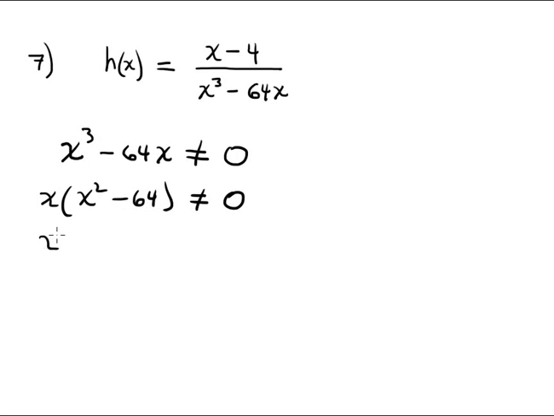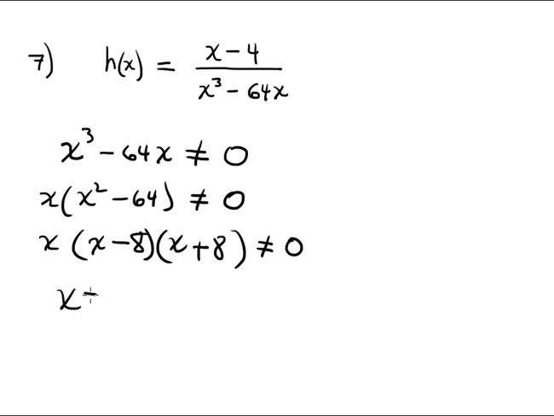This is a difference of squares, so again factorization: x minus 8 times x plus 8 must be different to 0. Now x must be different to 0, x must be different to 8, and x must be different to negative 8.